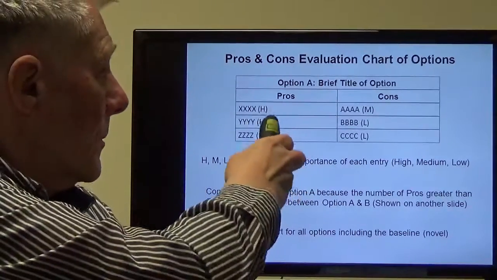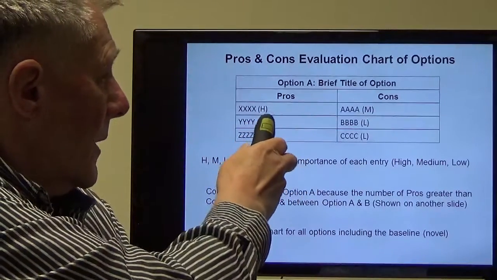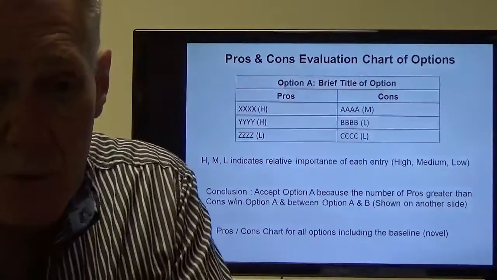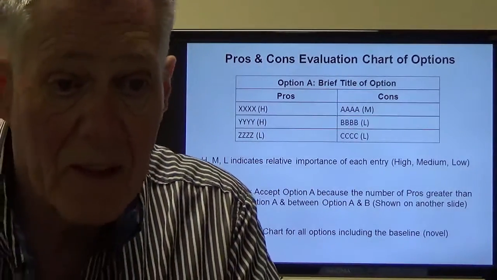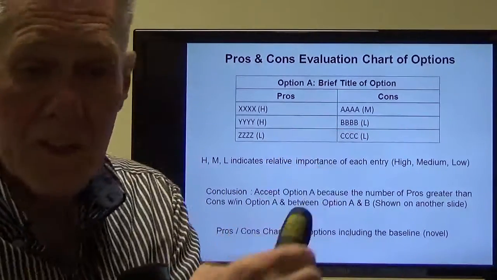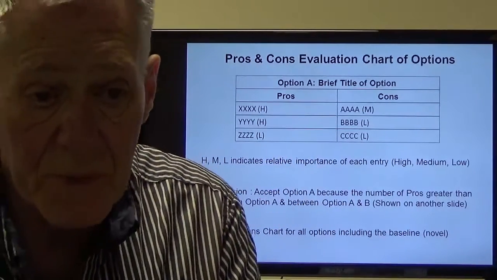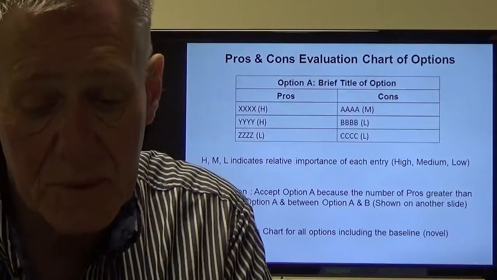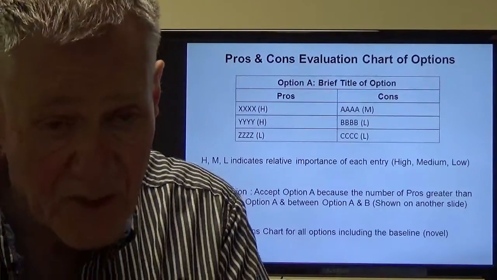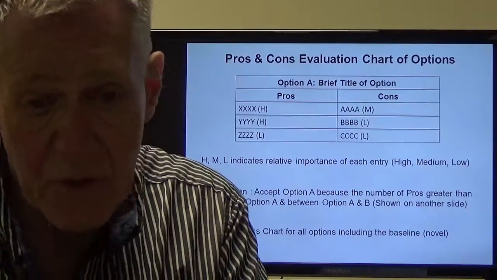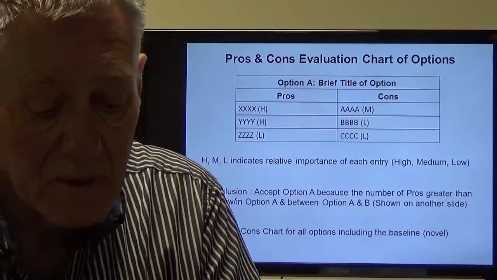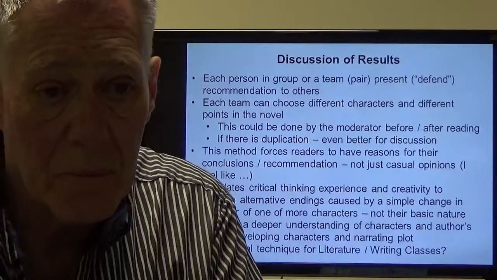Now, some of these would be high, or medium in terms of their importance on the outcome. Okay? And if you did this for the various options, then you could talk about each one, that you had examined it this way, and then which one did you choose? And that would be the one you would then recommend to the group.